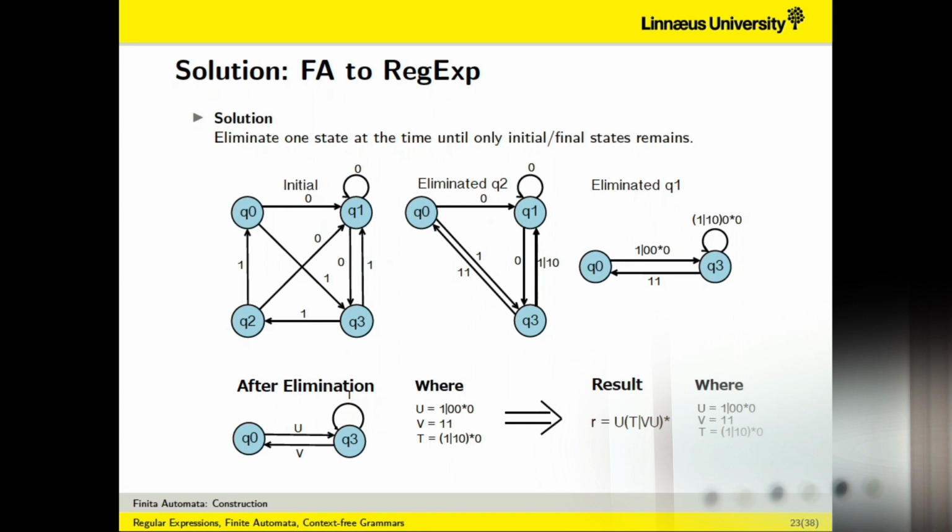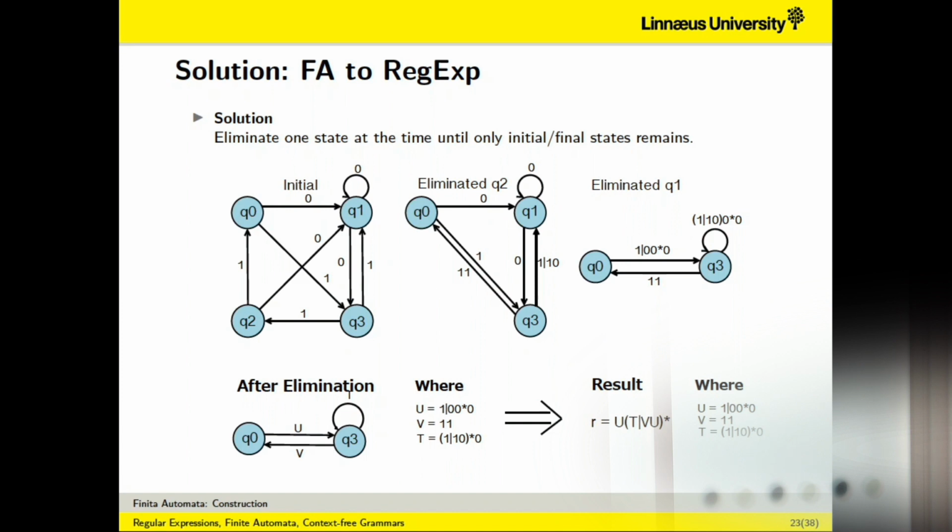Let's say we have this automaton which has the initial state Q0, and the final state, let's say Q3. Q0 is our initial state and Q3 is our final state.